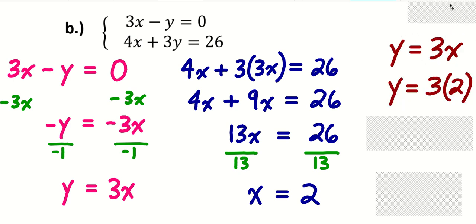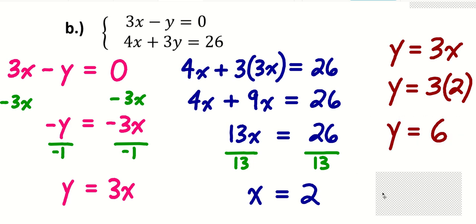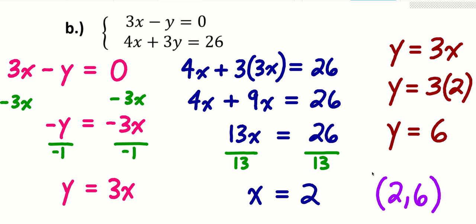But yep, I was pretty clever. So what does y end up equaling? What's 3 times 2, second graders? 6. So the final answer is (2, 6). Okay? Meaning if you were to graph these two lines, they'd end up intersecting at (2, 6), right?